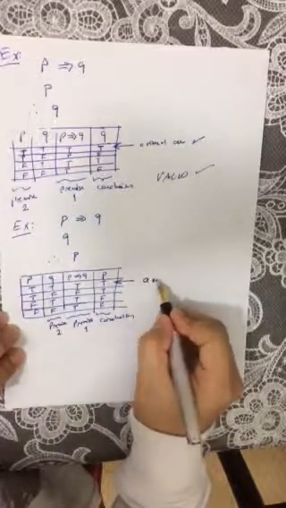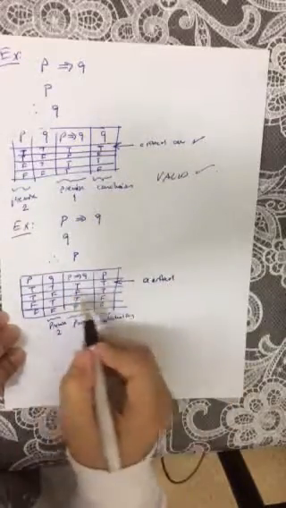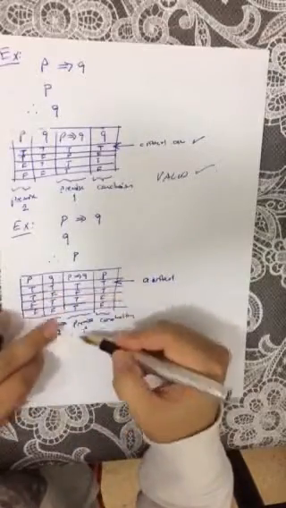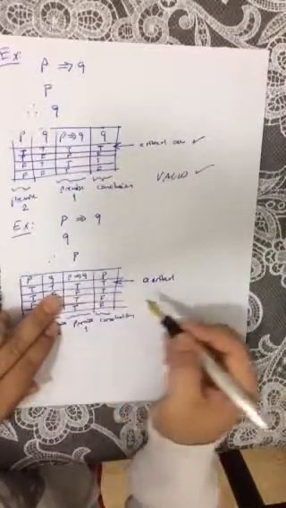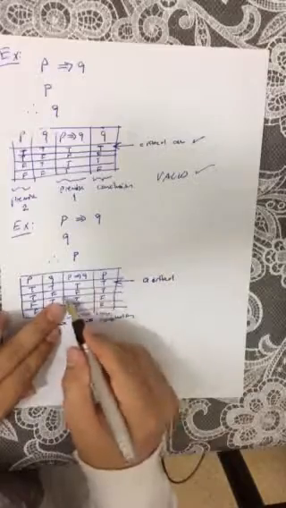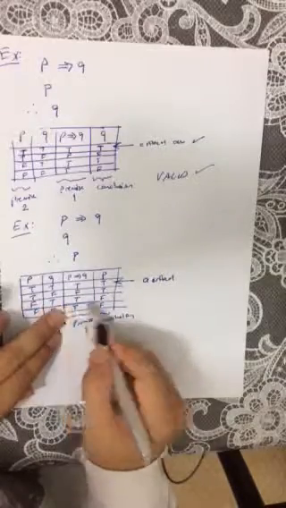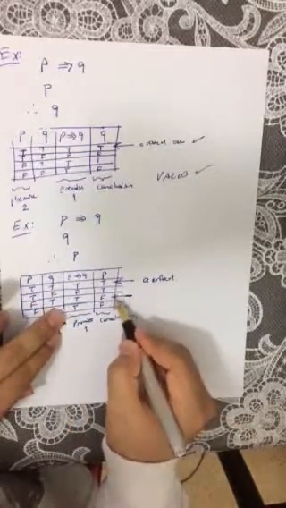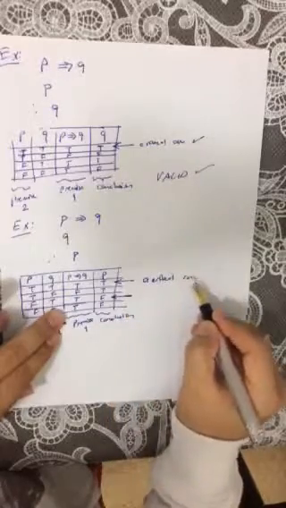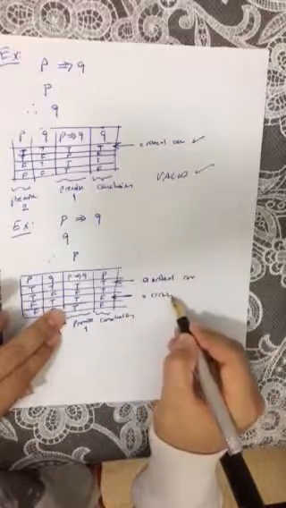This is a critical row because premise 1 and premise 2 are both true. Now skip this second row, but the third row is again a critical row.